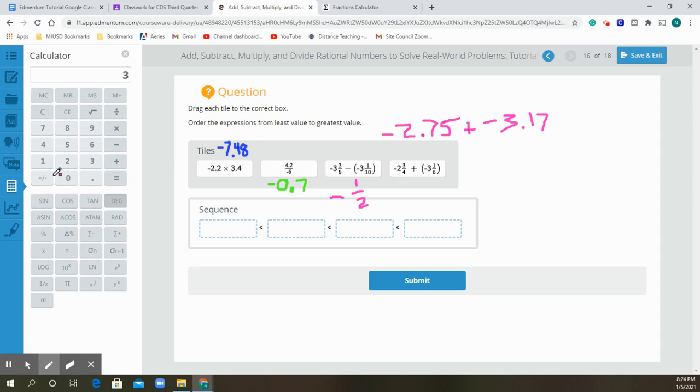So negative 2.75, whoops, typo, 2.75 with a minus sign plus 3.17 with a minus sign equals, I hit equals twice.